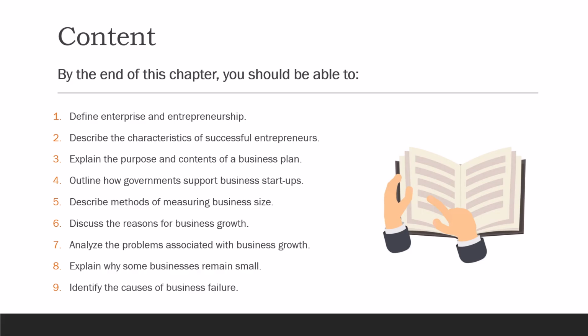By the end of this chapter, you should be able to define enterprise and entrepreneurship, describe the characteristics of successful entrepreneurs, explain the purpose and contents of a business plan, outline how governments support business startups, describe methods of measuring business size, discuss the reasons for business growth, analyze the problems associated with business growth, explain why some businesses remain small, identify the causes of business failure.